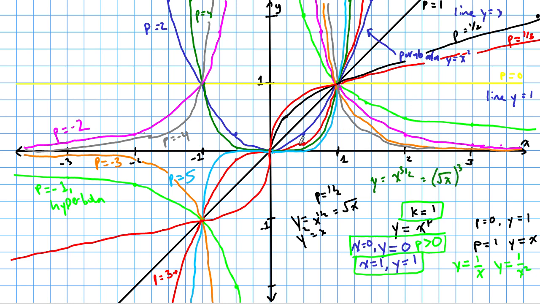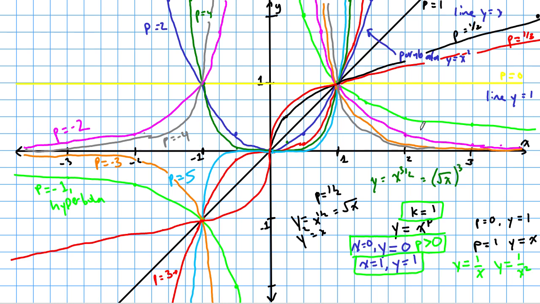If we put in 1/4, we would get 1/2 as the square root, and then cubed, which is 1/8, which is right here. If we put in 1, we get out 1. If we put in 4, we would get out 2 cubed, which is 8, which is off of our chart.